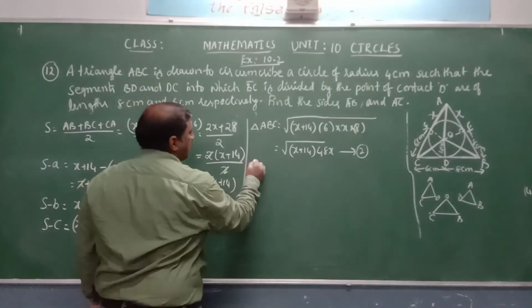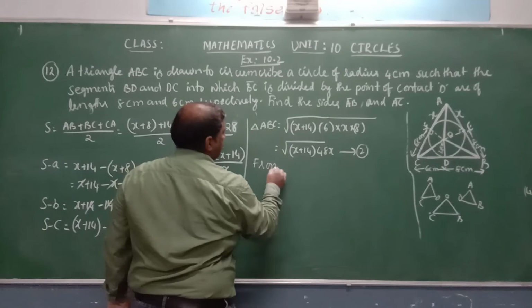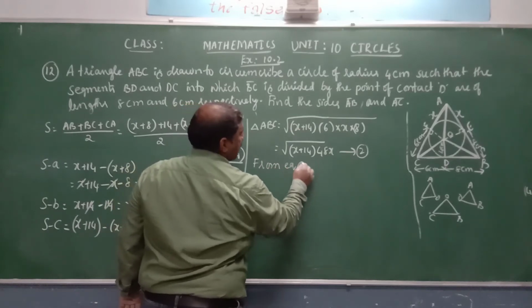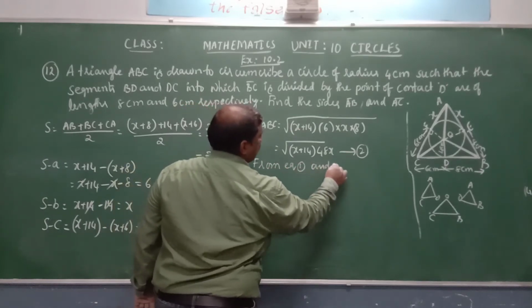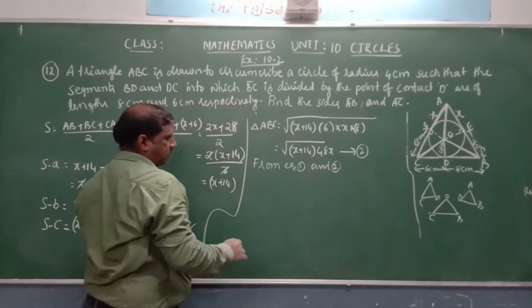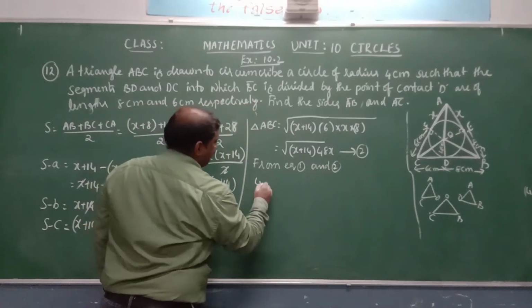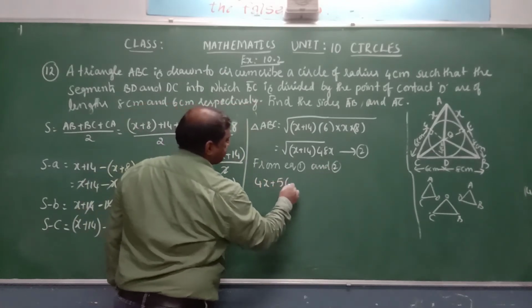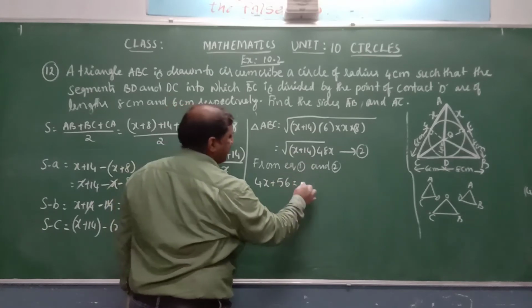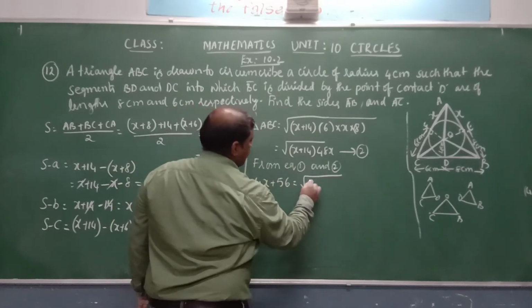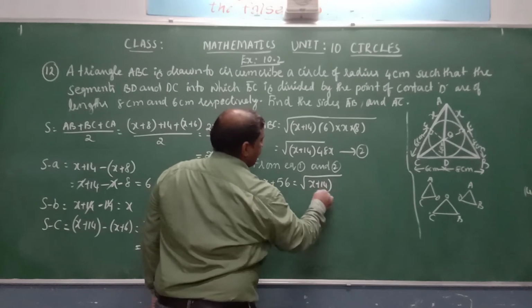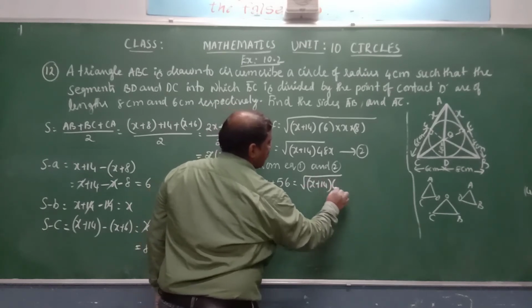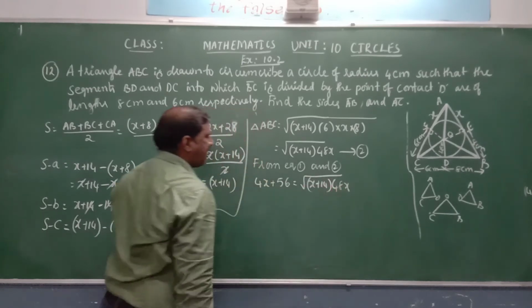Now from equation 1 and 2, equation 1 is 4x plus 56, that is equal to equation 2, the square root of x plus 14 into 48x.